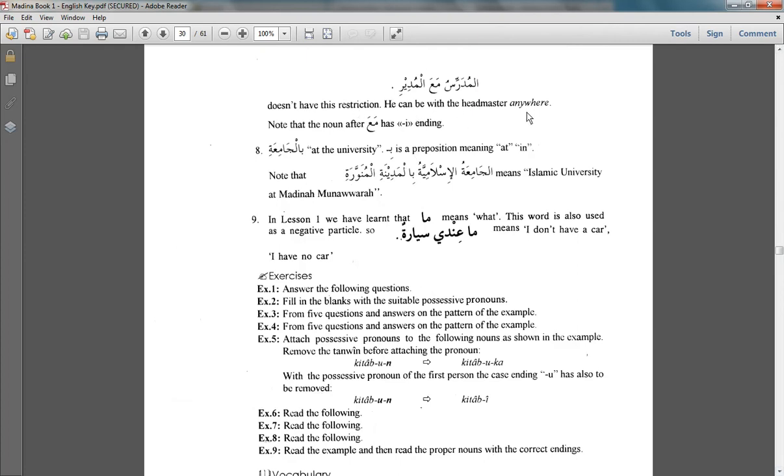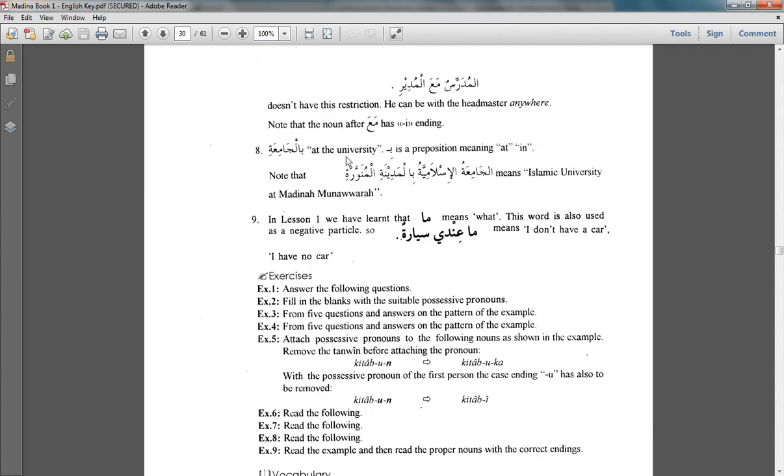Inda usually indicates that a person goes to a person in his specific place of residence or office and is visiting him there. But ma'al mudiri can be anywhere.